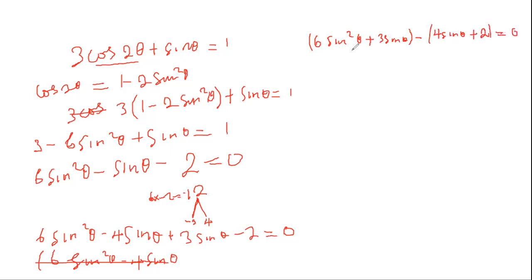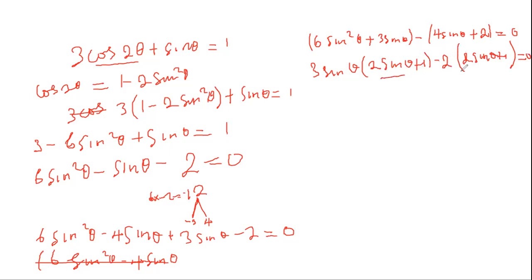So we get the common factors. The common factor here will be 3 sine theta, so we shall remain with 2 sine theta plus 1. And here the common factor will be a 2 into 2 sine theta plus 1. This is equal to 0.